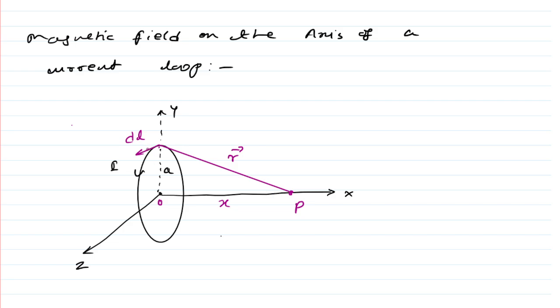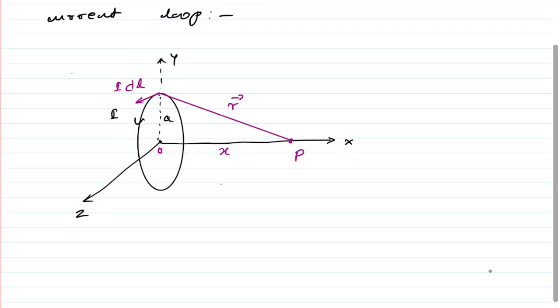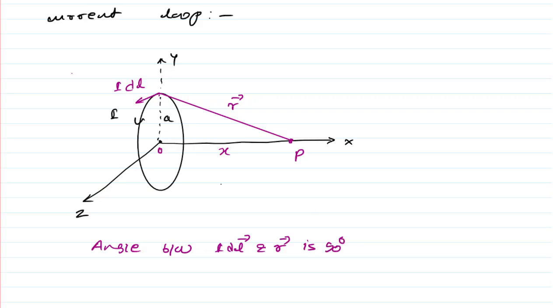The angle between dl vector and r is 90 degrees.